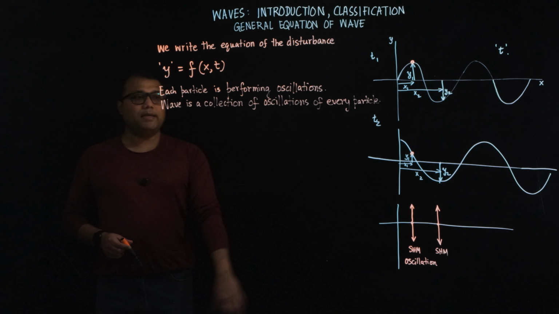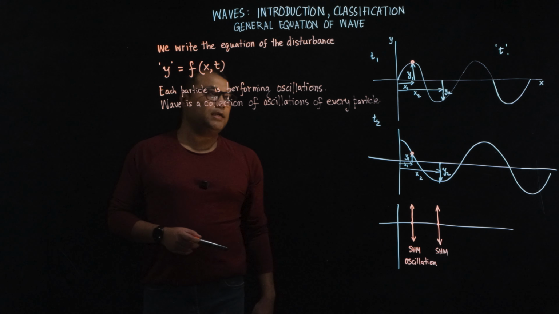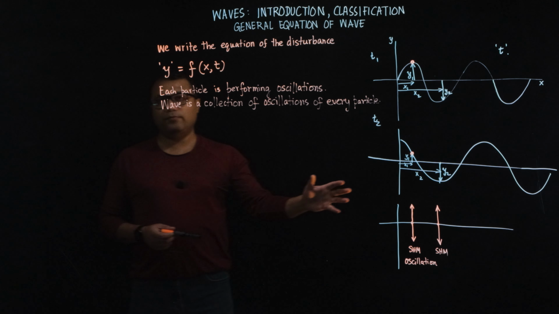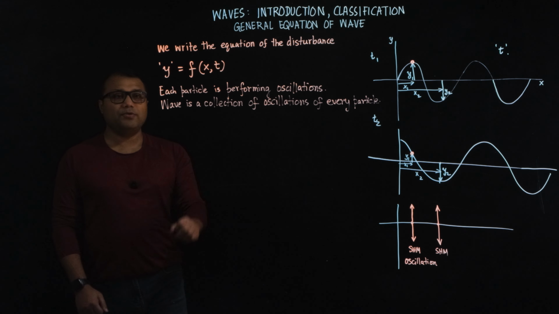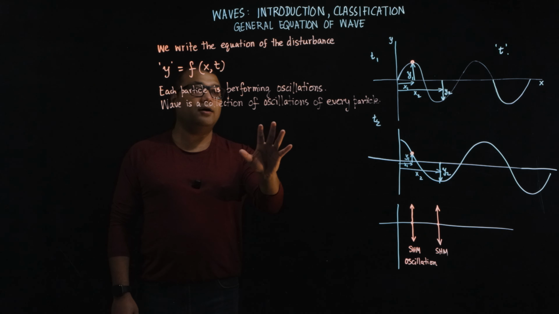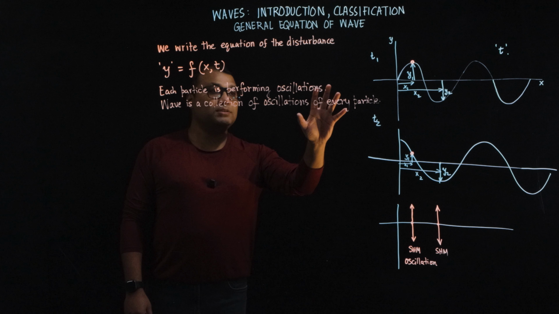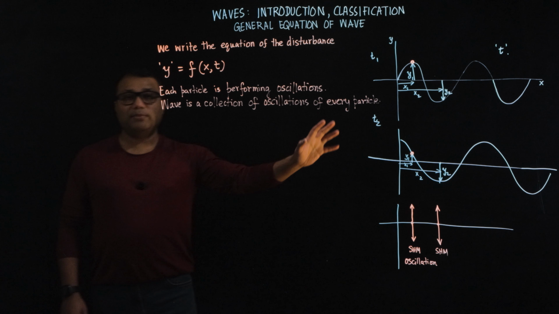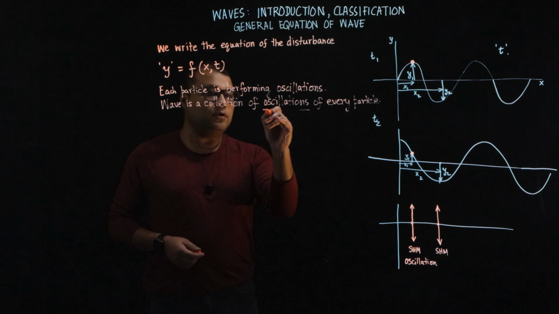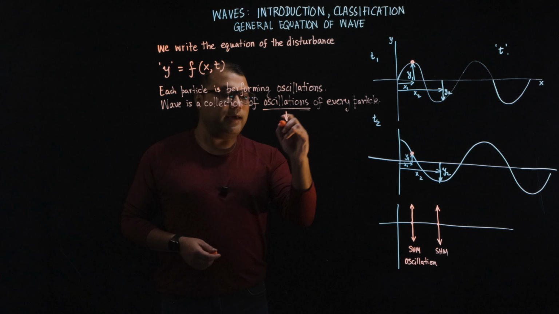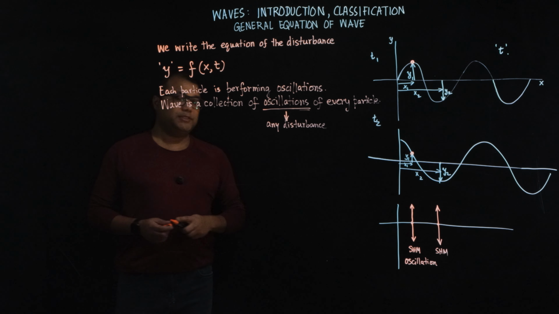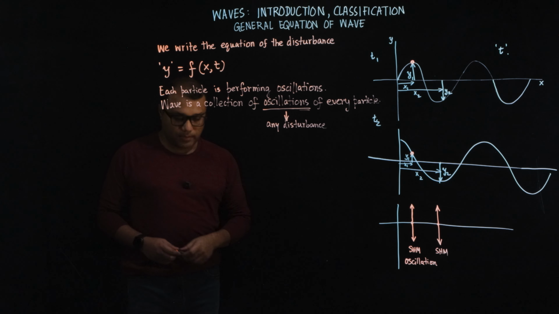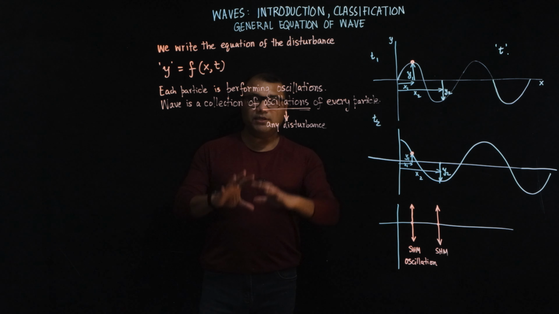Now in this case I am writing it's an oscillation of every particle because we took the example of a wave on a string. If I generalize this, we can say wave is a collection of oscillations of disturbances. These oscillations can be any disturbance, not just a displacement. All right? Okay. So we achieved something here.